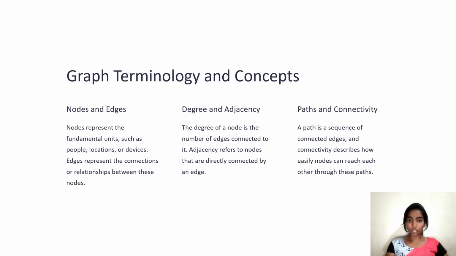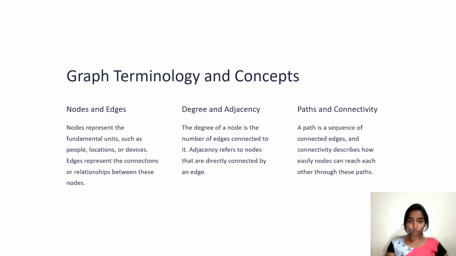Graph terminology and concepts. First one is nodes and edges, second one is degree and adjacency, and third one is paths and connectivity. Nodes and edges. Nodes represent the fundamental units such as people, locations, or devices. Edges represent the connections or relationships between these nodes. Degree and adjacency.